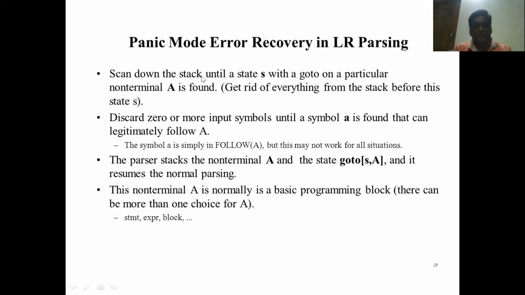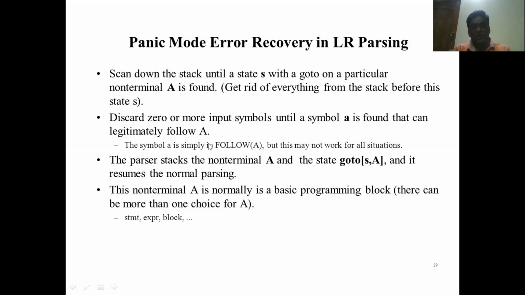So the first thing is, remove symbols from the stack until a state s with a go-to action is identified. And the second thing is, remove input symbols from the input buffer until you find a symbol which is in the follow of that variable A. So two actions are done: a change in the stack and a change in the input buffer.